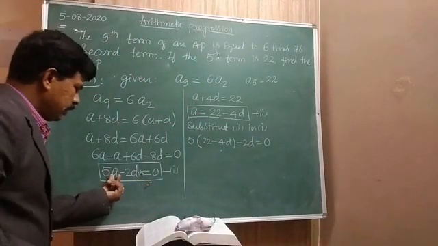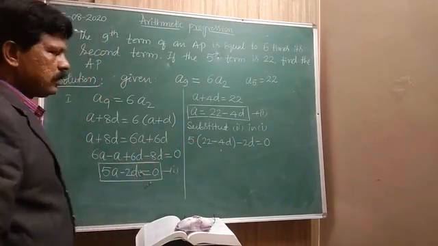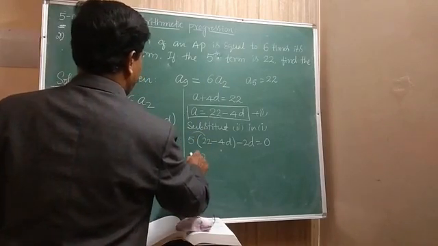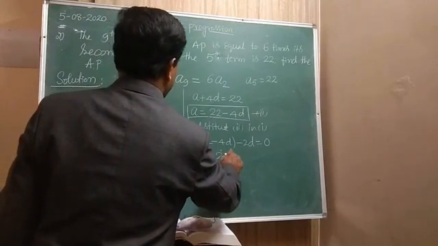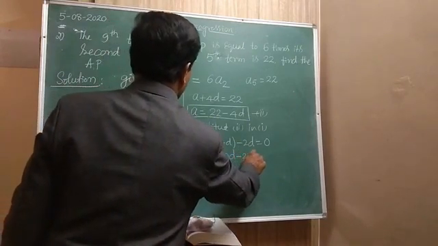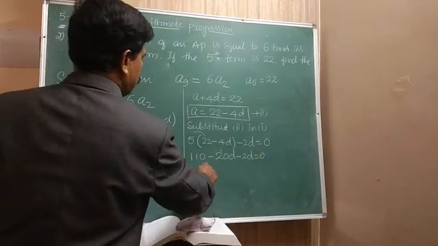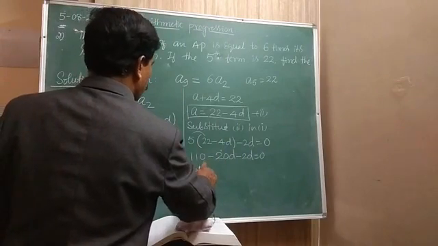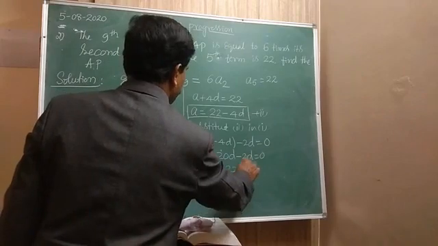Clear? Here, in place of A, I have written 22 minus 4D. Now multiply this. 5 2s are 10, 110. Minus 5 4s are 20D minus 2D is equal to 0. Now this is 20 plus 2, 22D. 110 is equal to 22D.